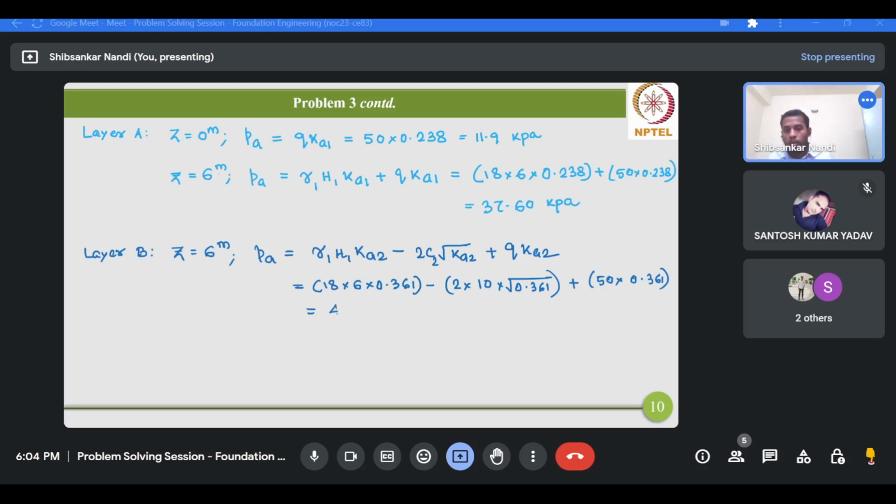So I am getting 45.02. So please cross check these values.